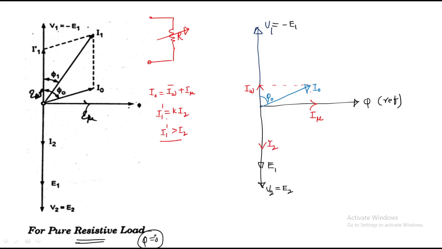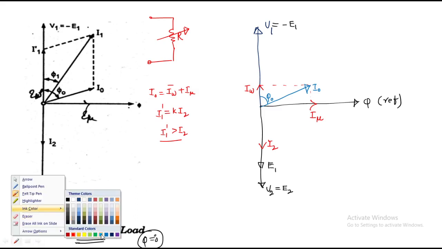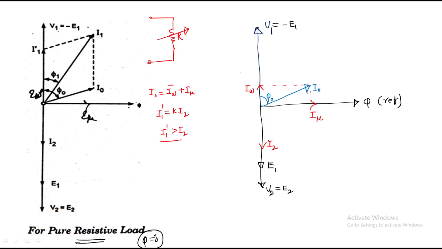So obviously I2 is like this. So in order to draw I1 dash, it is I1 dash by K. Obviously this is I1 dash, which is more than this I2.